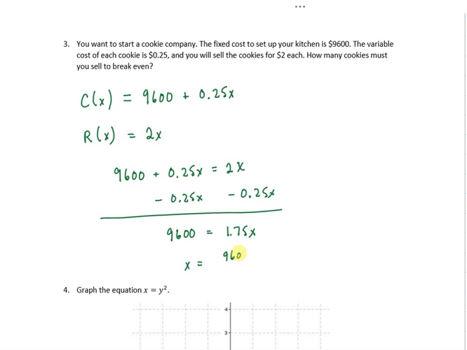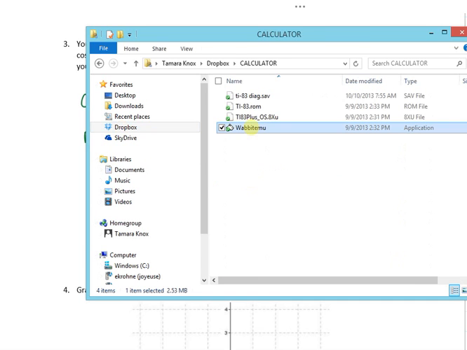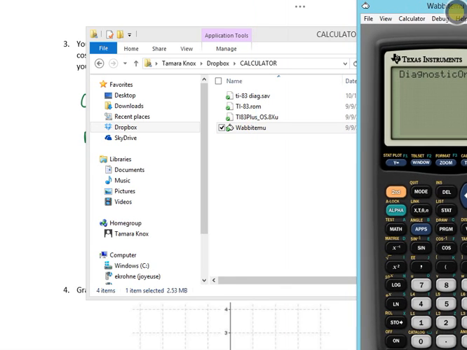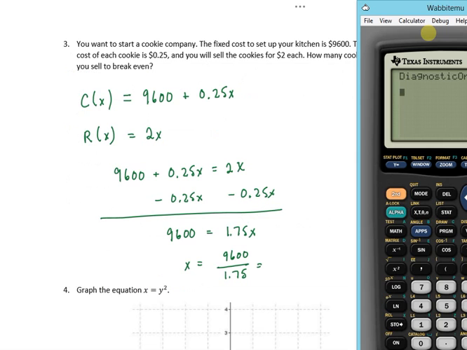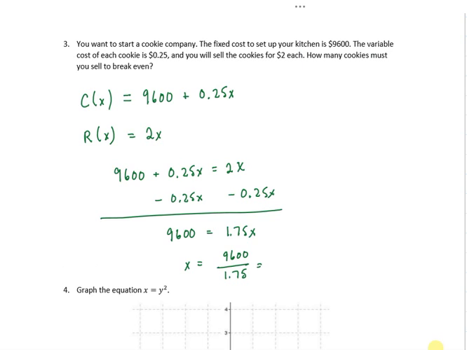That gives me x is equal to 9,600 divided by 1.75, which if I get my calculator up here, is approximately 5,486 cookies.